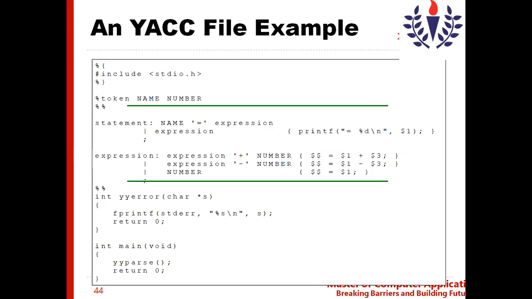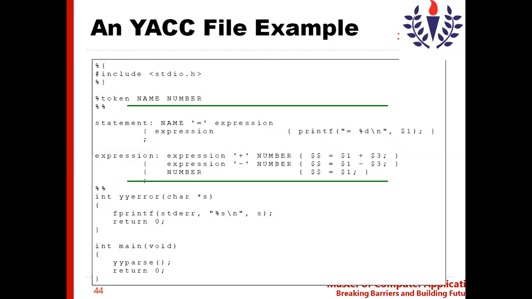Once the grammar is matched, we have the action. So here, when the grammar is matched with the input, the right hand side will be replaced by the left hand side.